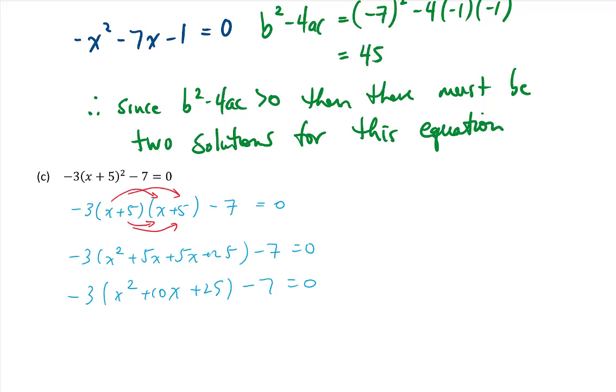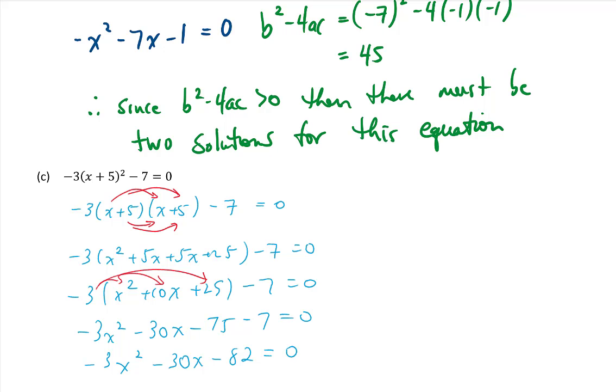Distribute now the negative 3 into the simplified brackets, and I get negative 3x squared minus 30x minus 75 minus 7 equals 0. And one more step, we get negative 3x squared minus 30x minus 82 equals 0. Next step, let's evaluate our discriminant. So b squared minus 4ac equals negative 30 squared minus 4 times negative 3 times negative 82.